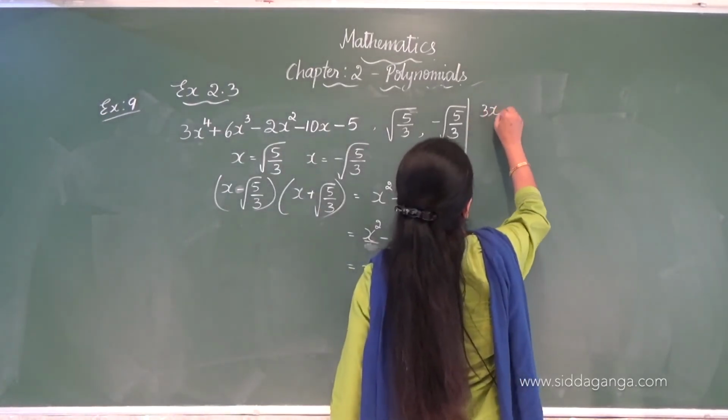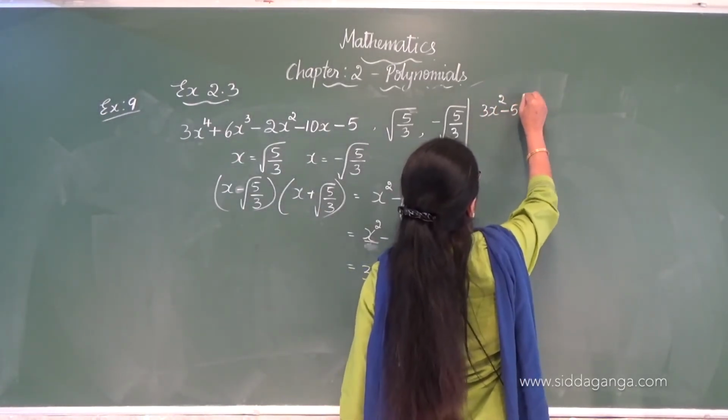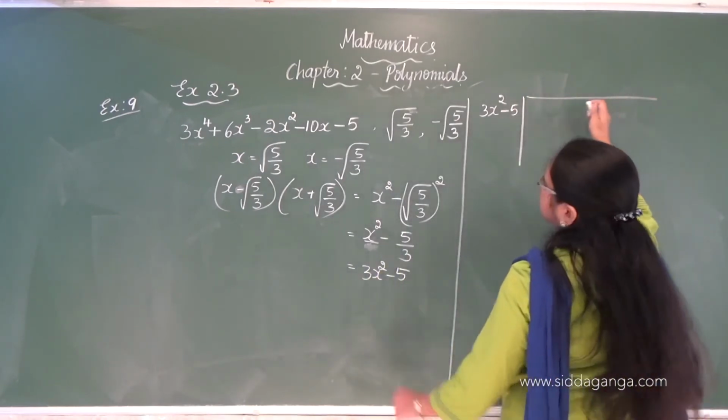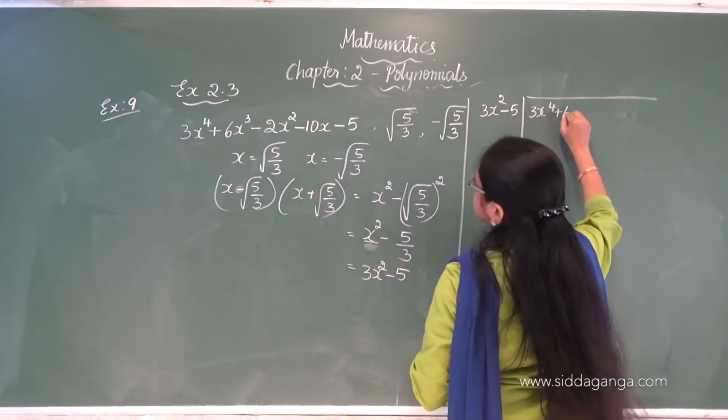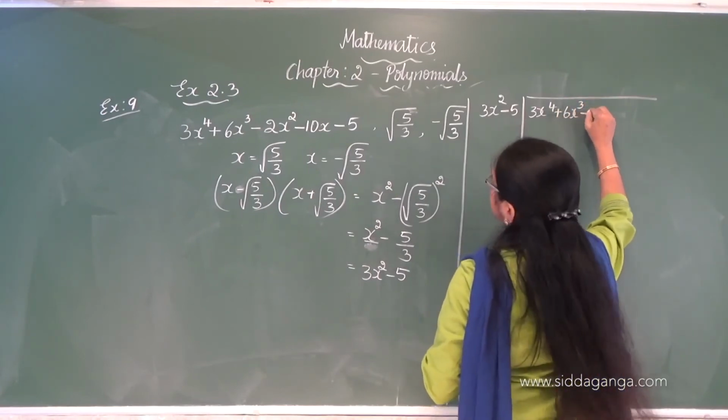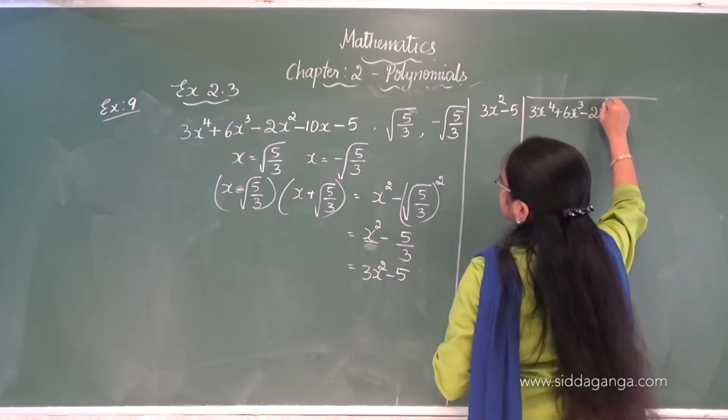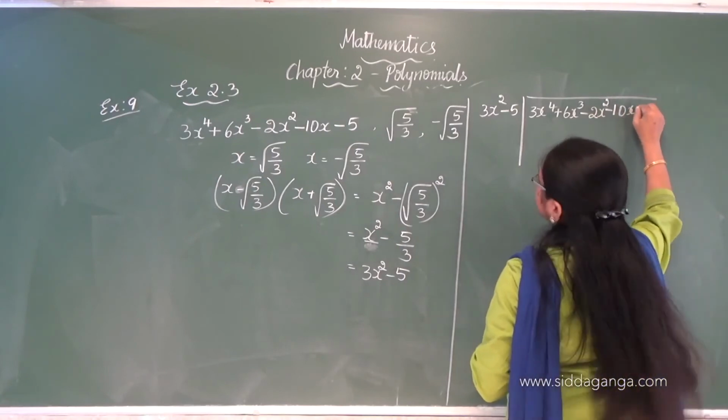Let me take 3x² minus 5 and divide 3x⁴ + 6x³ - 2x² - 10x - 5.